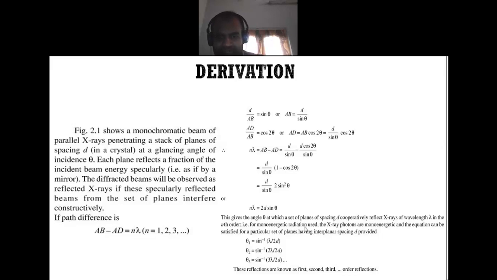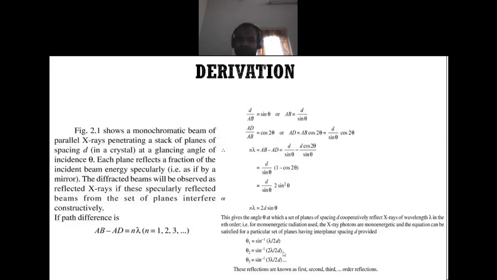For monoenergetic radiation used, the X-ray photons are monoenergetic, and the equation can be satisfied for a particular set of planes having interplanar spacing d, provided like this. So for first order diffraction, n equal to 1, theta 1 is written.